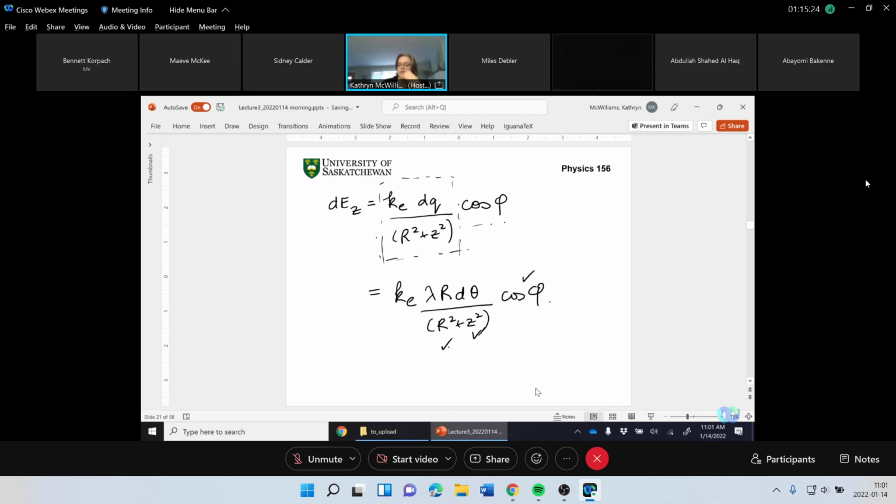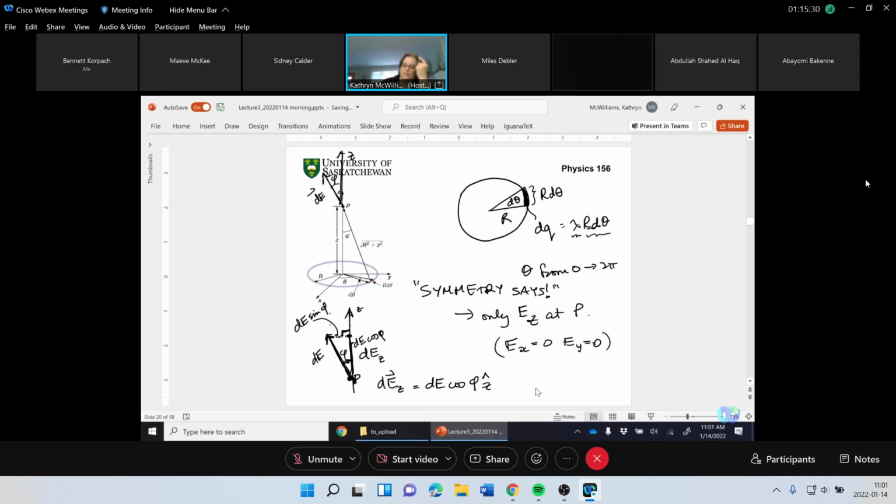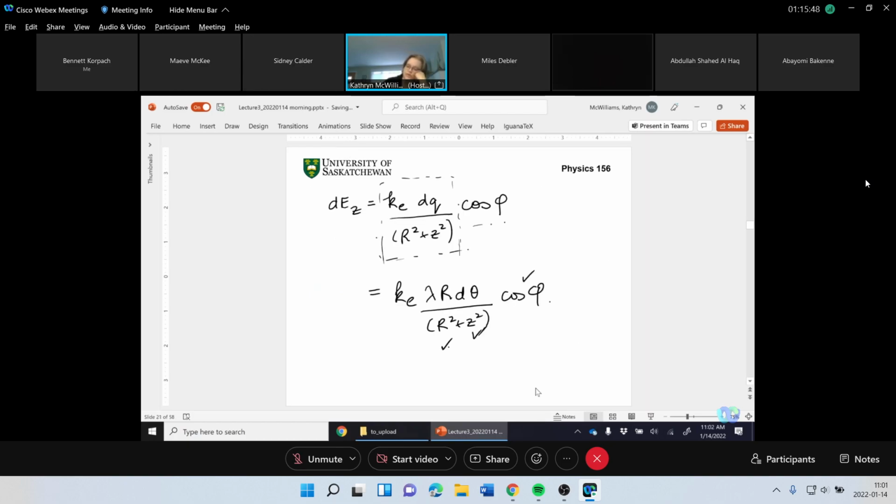Phi is actually constant in this question because this position P is the same distance from all points on the ring with radius capital R. So capital R is constant, Z is constant, the distance is constant, and because of that, so is cos phi. And then theta goes from 0 to 2 pi.